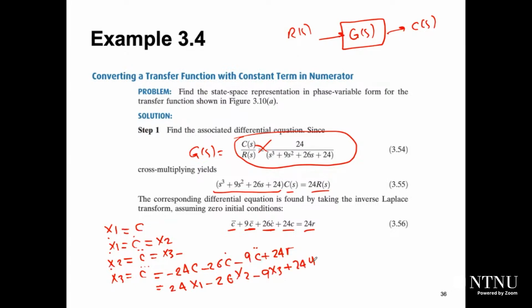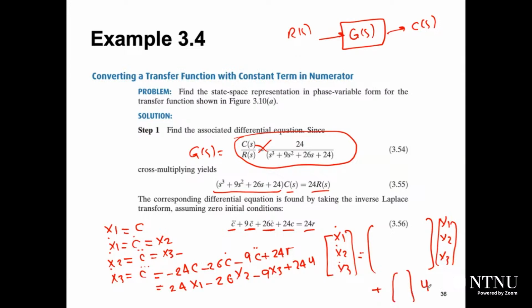Now I need to write it in matrix notation. So it will be like this: x1 dot, x2 dot, x3 dot equals the matrix times x1, x2, x3, plus the input term. The first state equation x1 dot equals x2, so it will be 0, 1, 0.